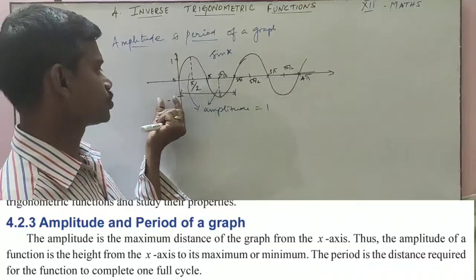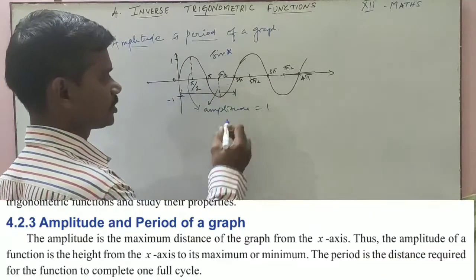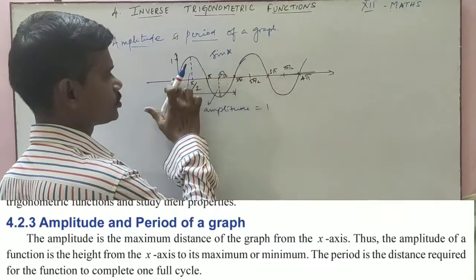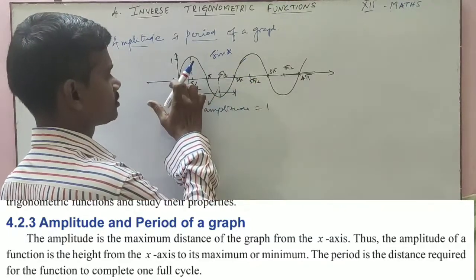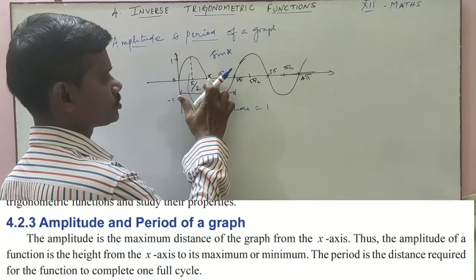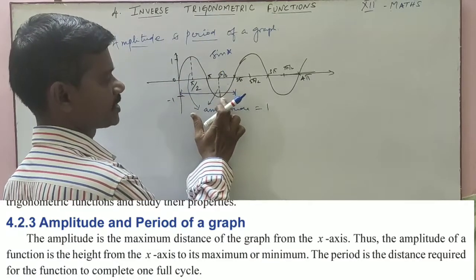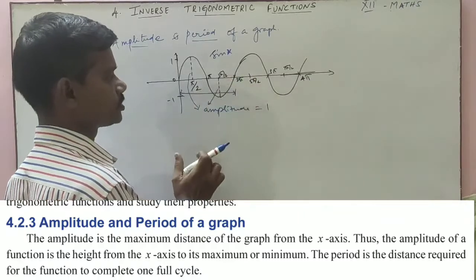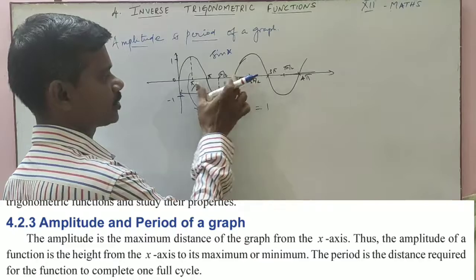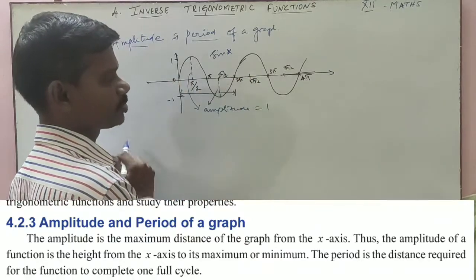And then for the period, we already told that 0 to 2 pi is one period, because for one cycle, 0 to 2 pi, we get all the values. Here the curve increases from 0 to 1, and again it goes to 0, then it goes to minus 1, again it goes to 0. So if we start with 0, up to 2 pi is called one cycle or one period.